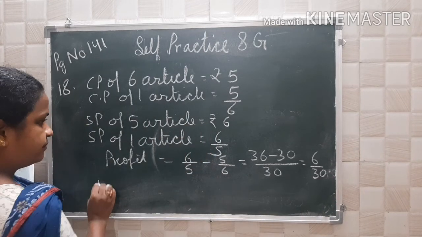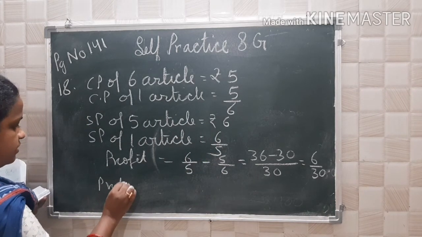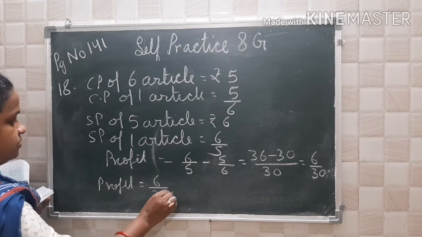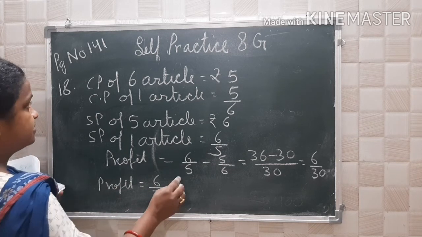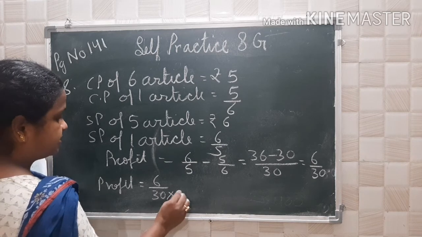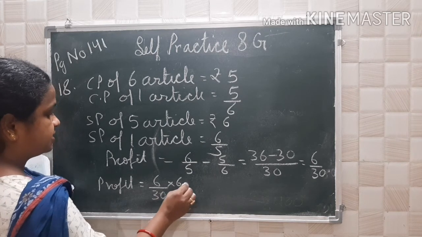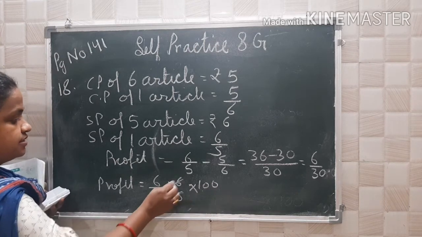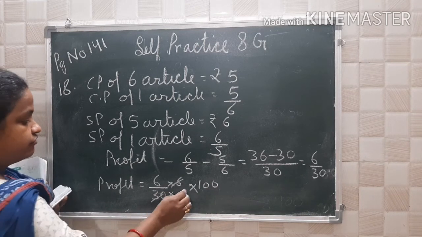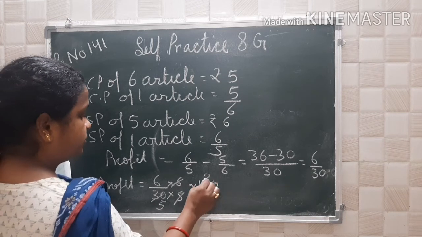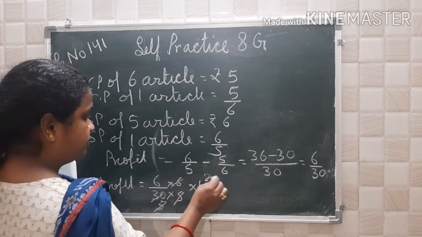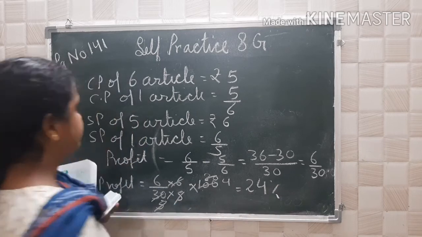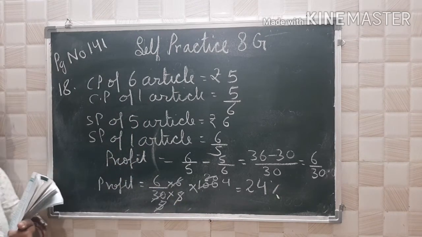Profit percent is profit upon CP, so 6 upon 30 into 6 by 5 into 100. You can see 6 5s are 30, 5 20s are 100, so 4, 6 4s are 24%. So what is the profit percent here?